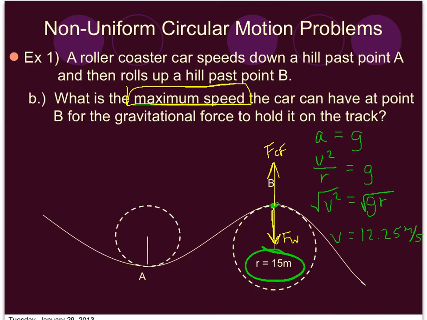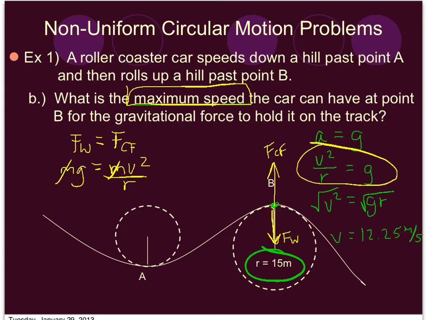And so another way to solve this problem is you could set Fw equal to centrifugal force, and then we can substitute in mg for our Fw, and we can substitute in mv squared over r for our centrifugal force. Masses cancel out, and you're left with exactly the same thing you were over here. So just another way about going about solving this problem.